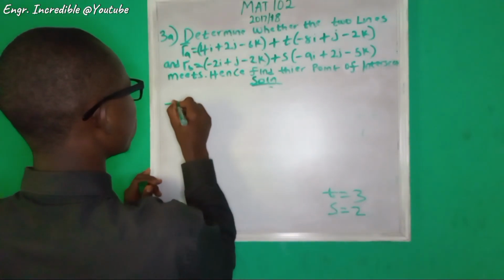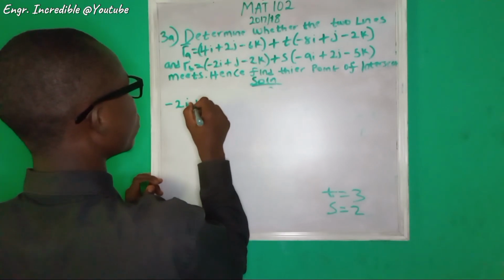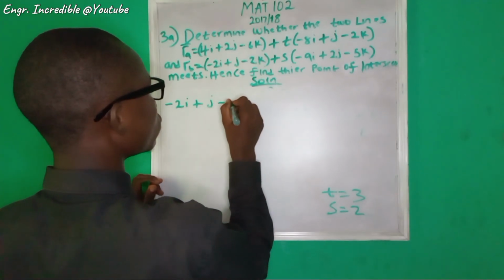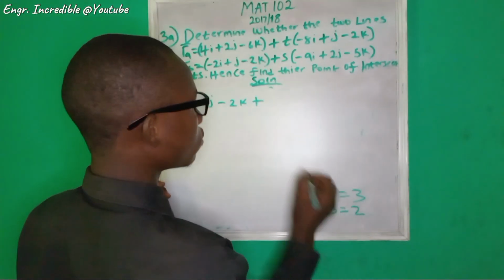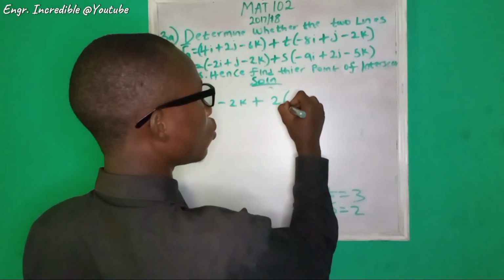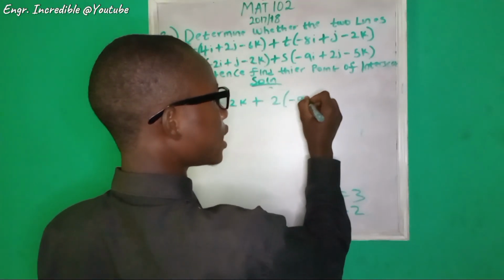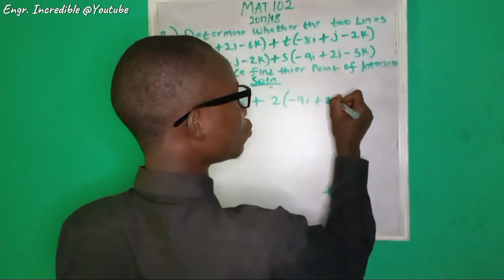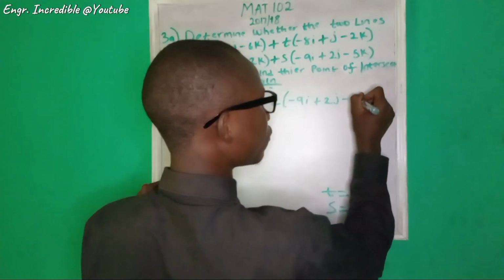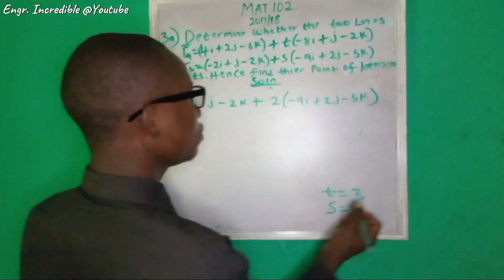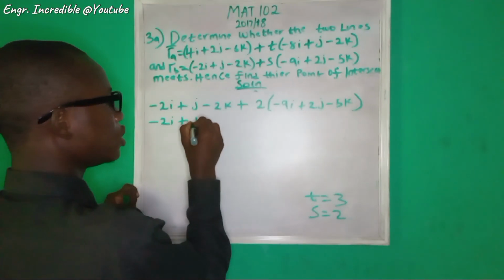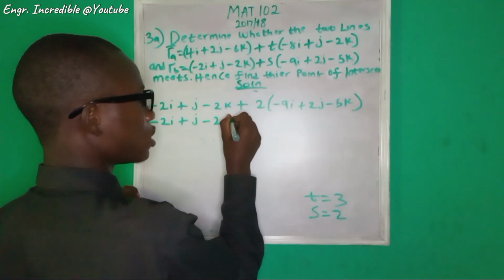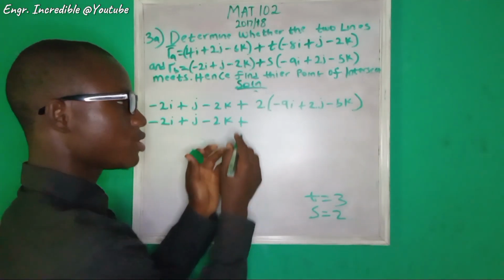So I have minus 2i plus j minus 2k, then plus s, now equal to 2, open my brackets, minus 9i plus 2j minus 5k. So if I open my bracket, I have minus 2i plus j minus 2k plus, then we expand this here.